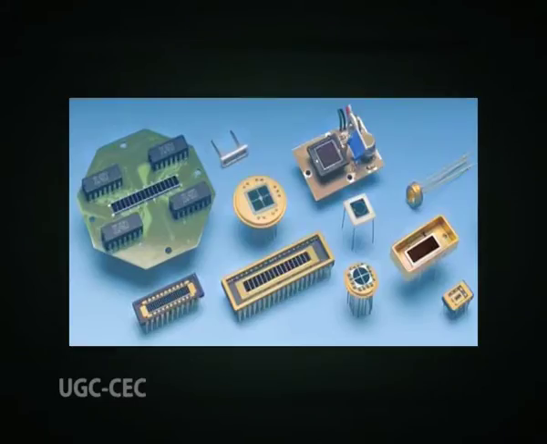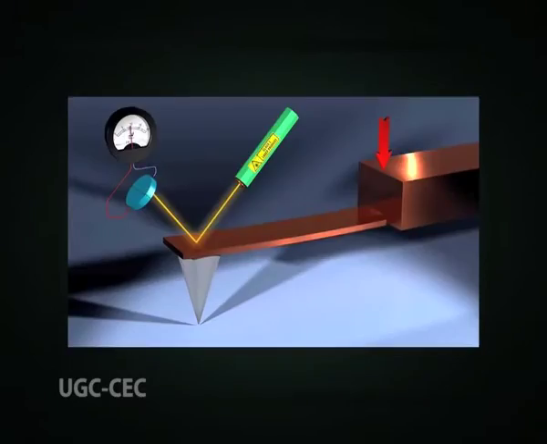A position sensitive photodiode can be used to track these changes. Thus, if an atomic force microscope tip passes over a raised surface feature, the resulting cantilever deflection and the subsequent changes in the direction of the reflected beam are recorded by the position sensitive photodiode.